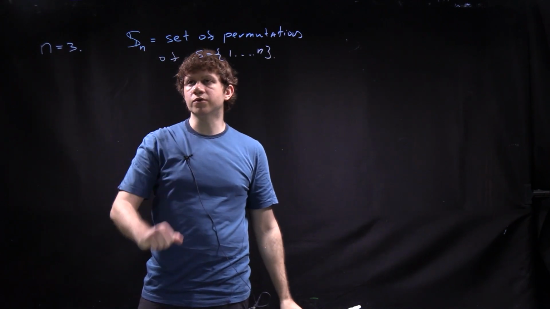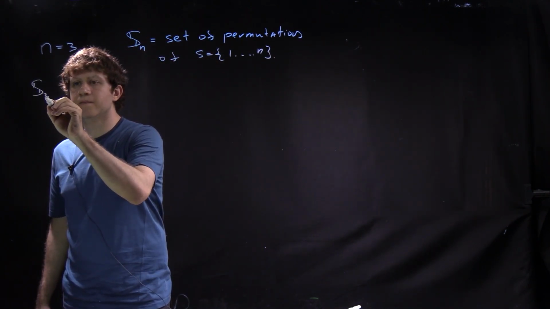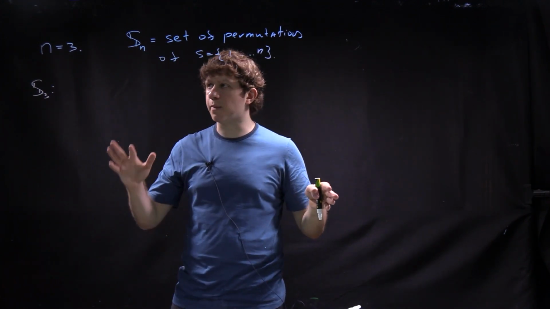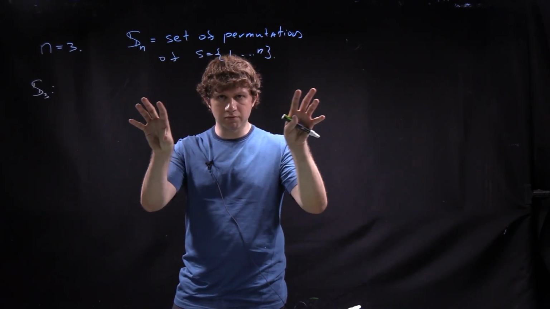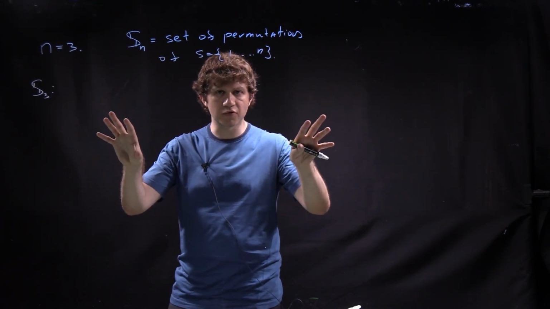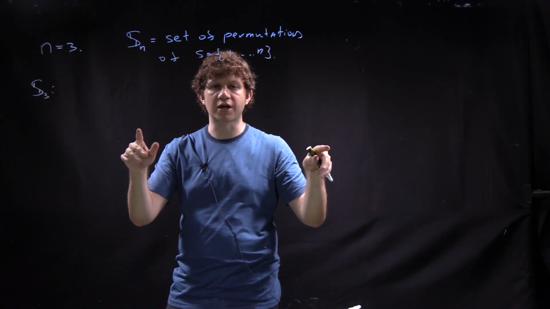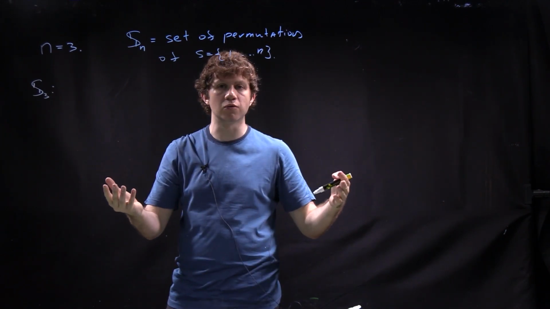So for n equal to 3, let's just write down all elements in S_3. We have now 3 elements and we want to permute them. Permutations are very easy to visualize. You just take 3 elements of a set, 3 elephants for instance, and then the question is how many ways there are to permute them with each other, like move them around so that we have the same 3 elephants going in some other order.